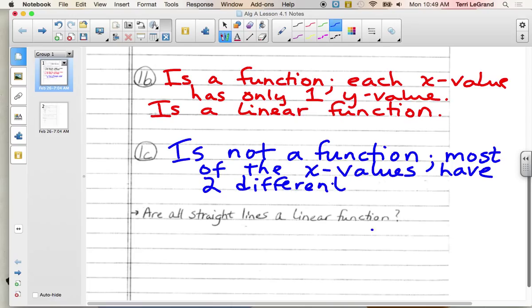And we have to use the word different. That's important. Most of the x values have two different y values. In fact, to be even more specific, they have a positive y value and they have a negative y value.